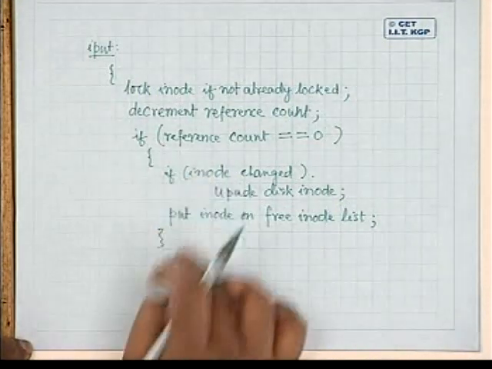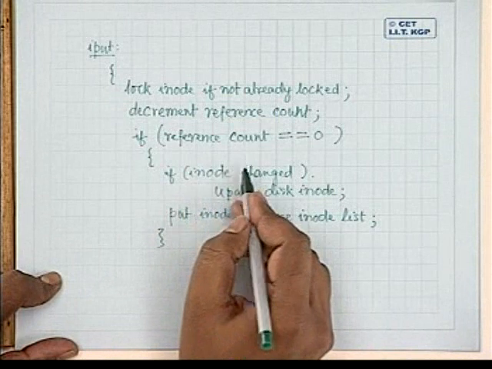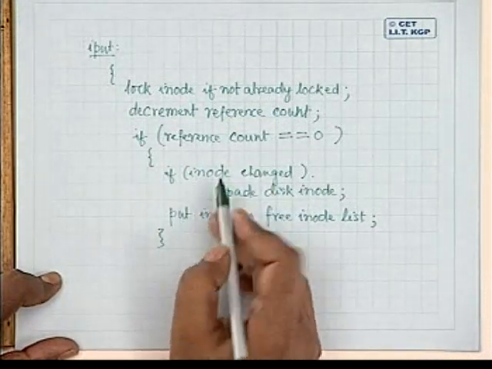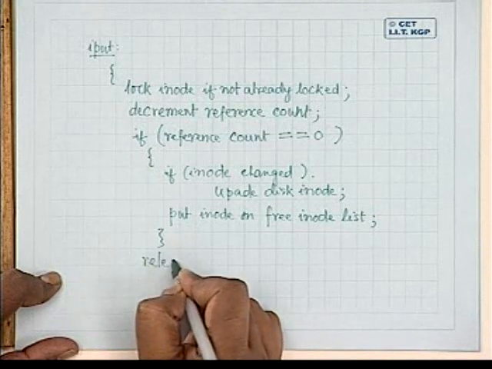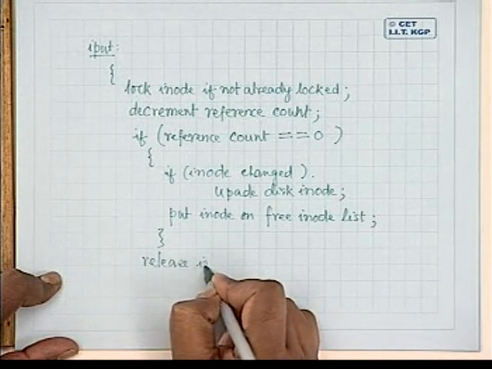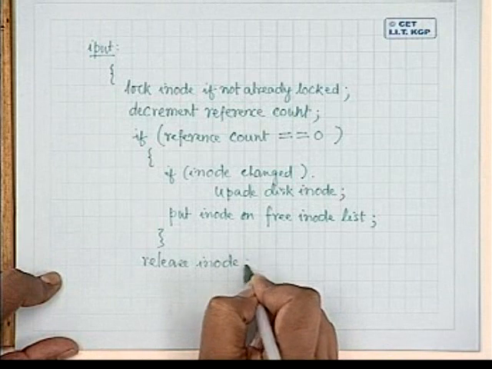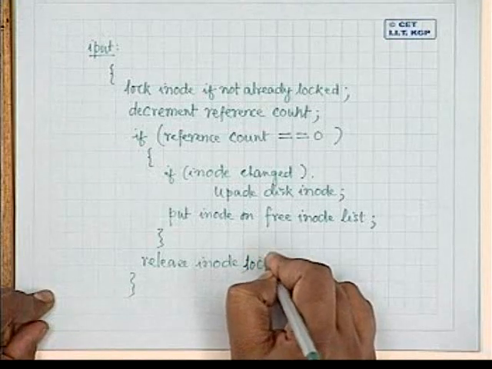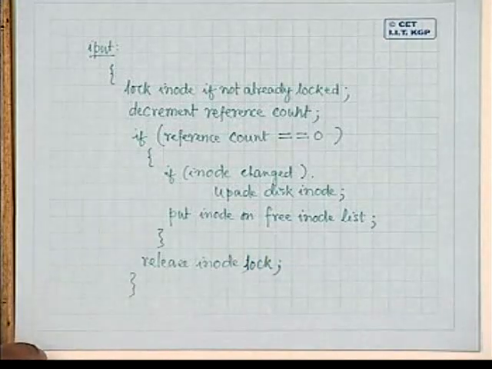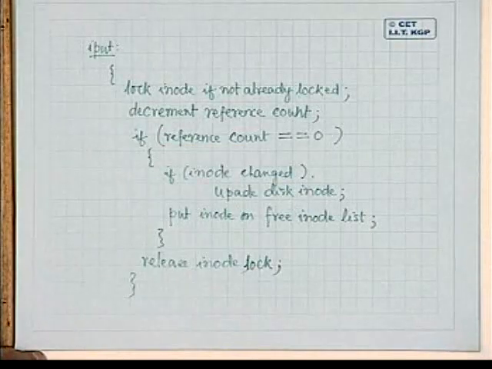After this, whether the reference count is equal to 0 or not, because the inode was locked, now we have to release the inode lock. So these are the steps of operations that are to be done whenever a process closes a file.